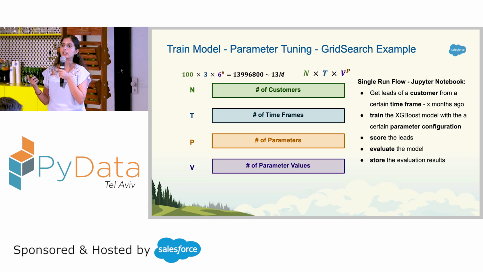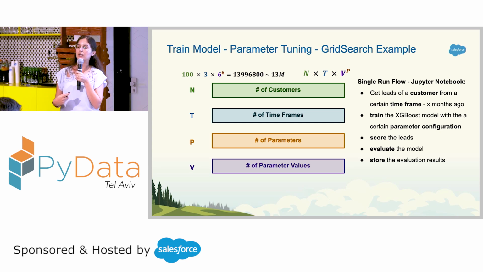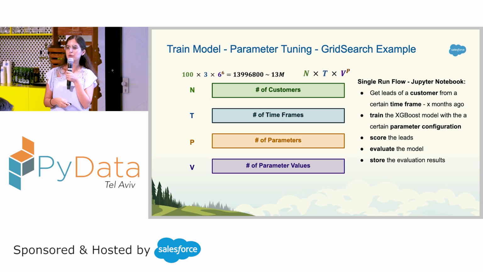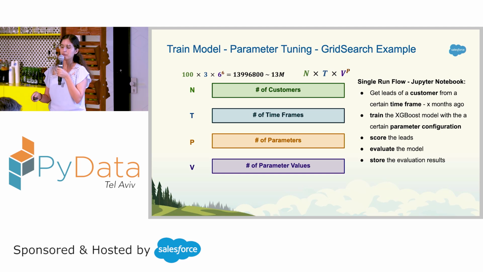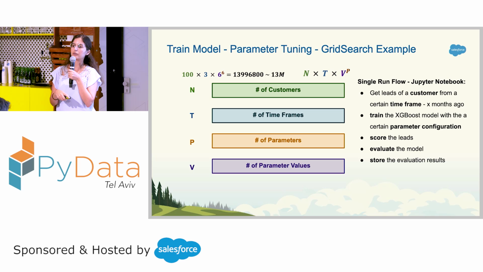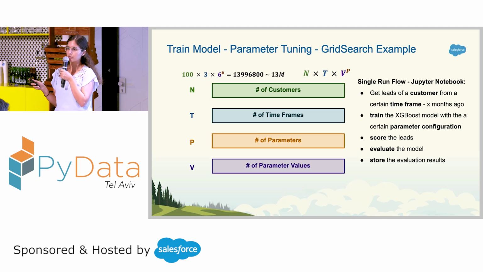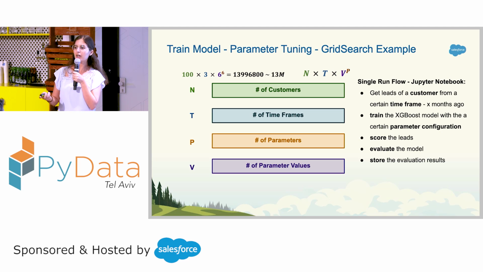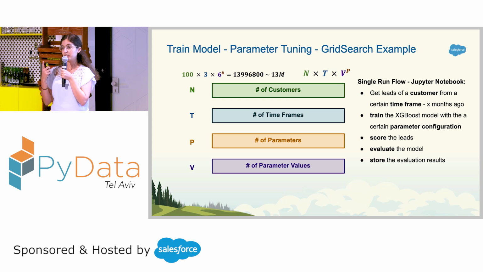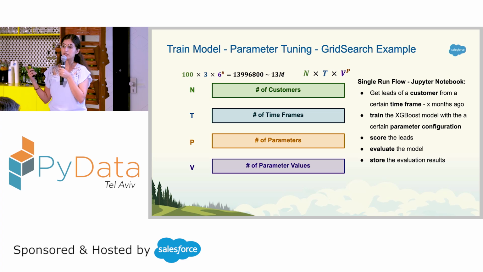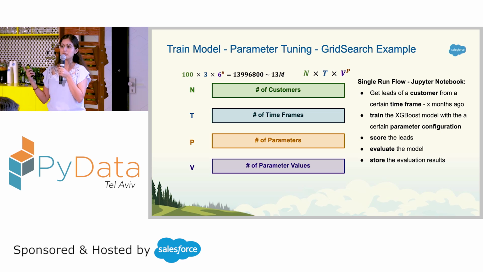In a single run, we need to get leads for a particular customer from a particular time frame, train the XGBoost model using a specific configuration, evaluate the model, and finally store the results. This is just a single run, but we need to do that millions of times. We need to execute millions of runs.